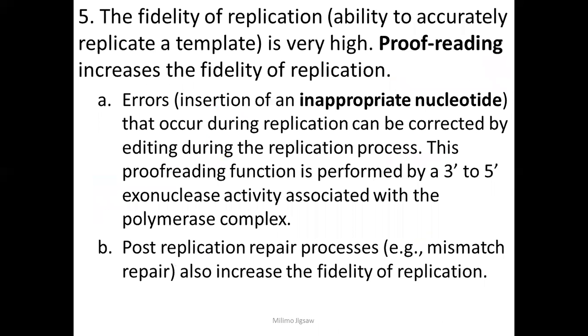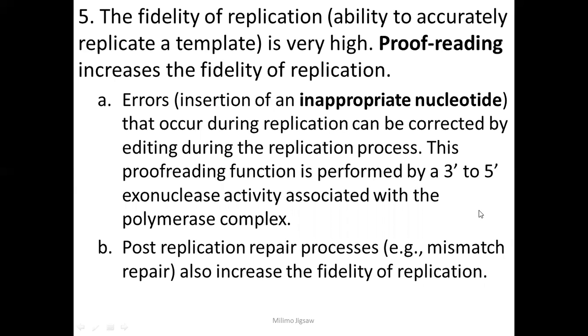And then after DNA replication has happened, we understand that the fidelity, or the ability to accurately replicate DNA, is very high. However, in some cases there could be errors. So there is a process of proofreading that happens. DNA has to be proofread. Errors, for example, could be the insertion of an inappropriate nucleotide during replication.